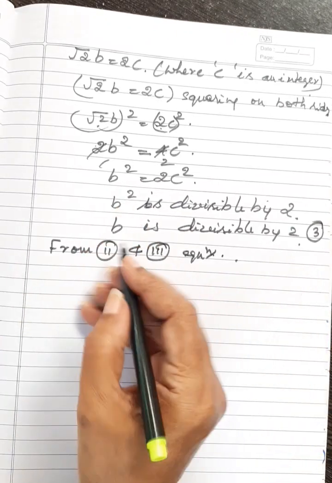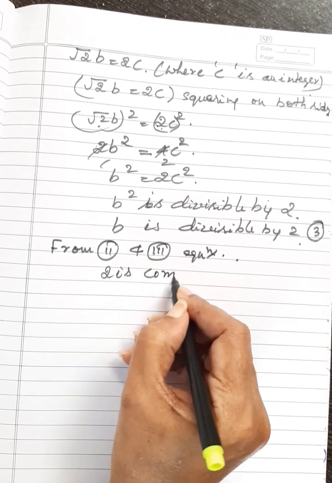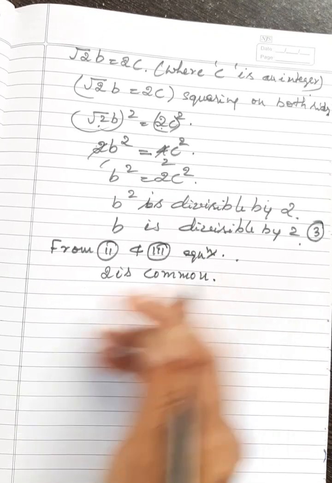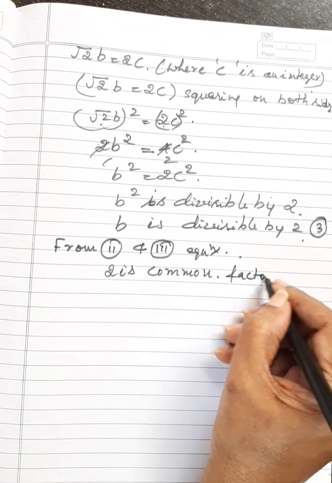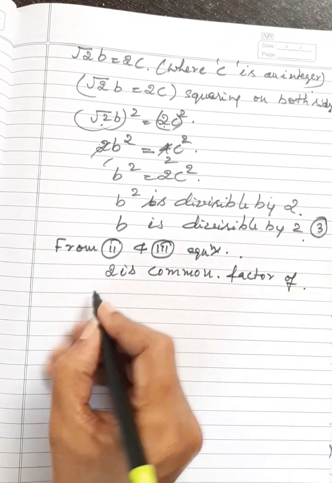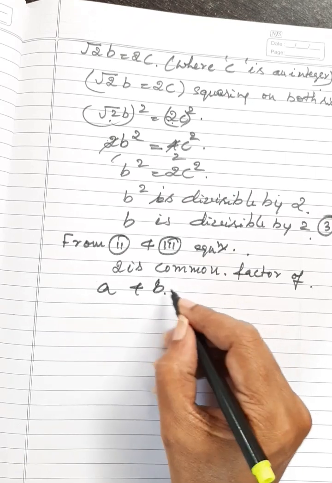2 is common. Okay. 2 is a common factor of A and B. Okay.